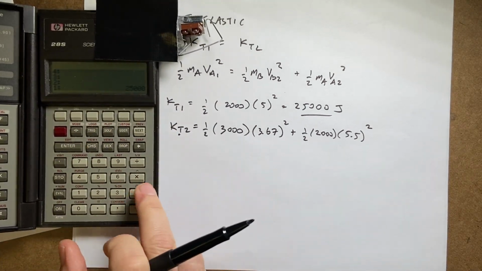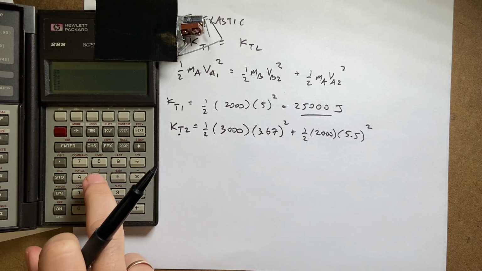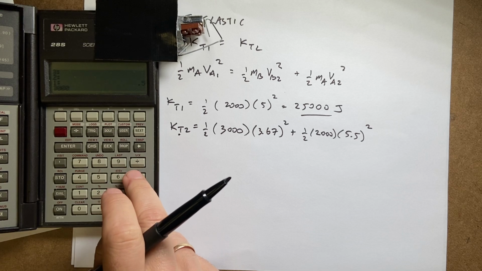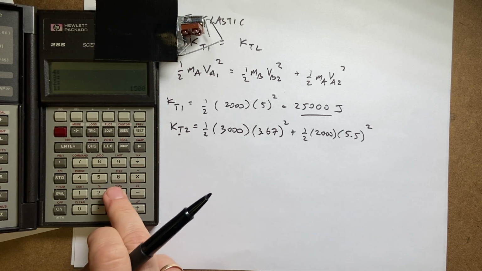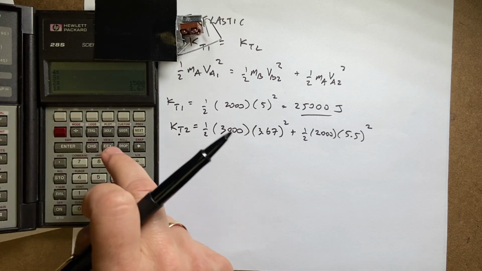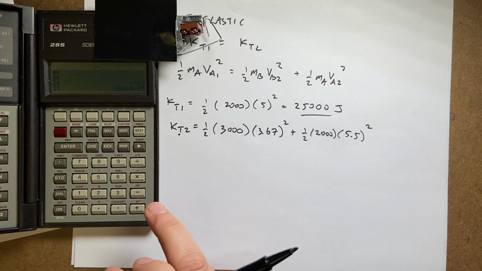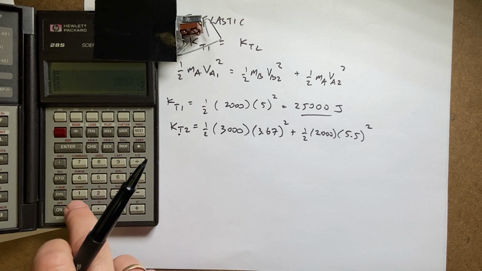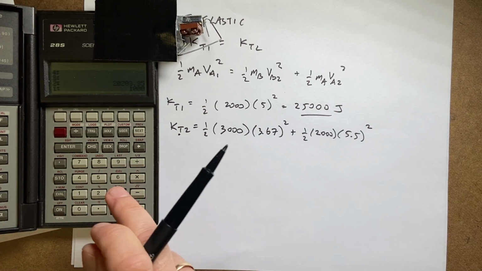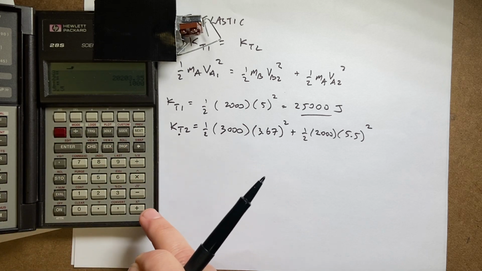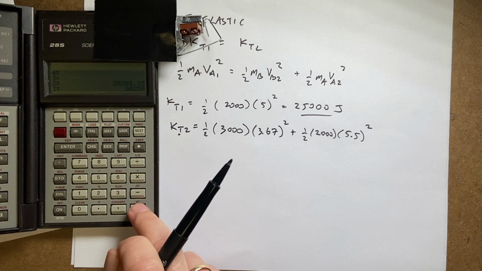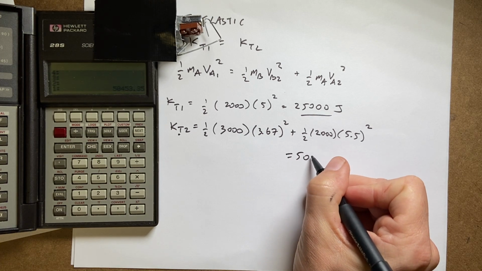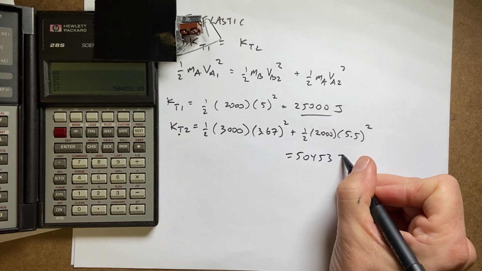So let's put this in. 0.5, enter, 3,000 times 3.67, enter, squared, times. There's my first kinetic energy. Now the next one, 0.5, enter, 2,000 times 5.5 squared times, plus. And I get 50,453 joules.